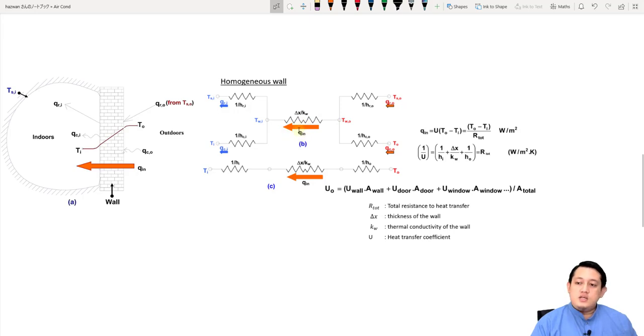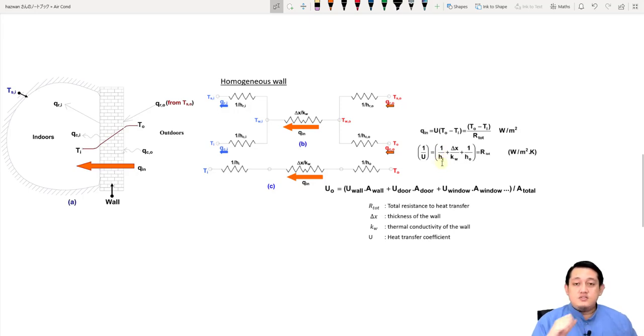How to calculate Q in here is using this equation: Q in equals U multiplied by T outside minus T inside. So what is U here? U here is the heat transfer coefficient. How to calculate U? 1 over U is equal to 1 over Hi.